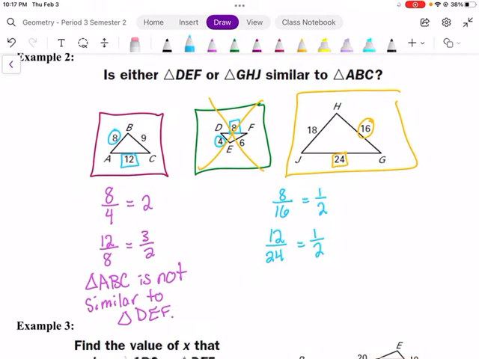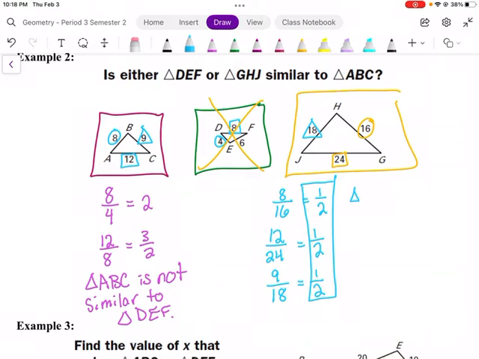So because these two are the same, I need to continue and check that third side on both of the triangles. So this one would be 9 over 18, which also equals 1/2. So to say these triangles are similar, we have to show that these three proportionality statements are equal.